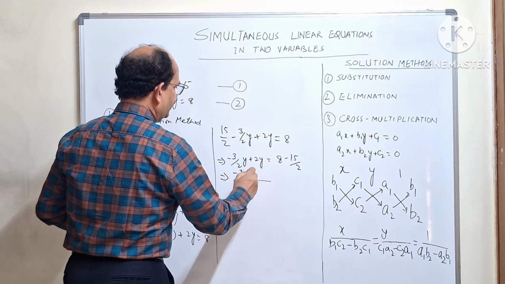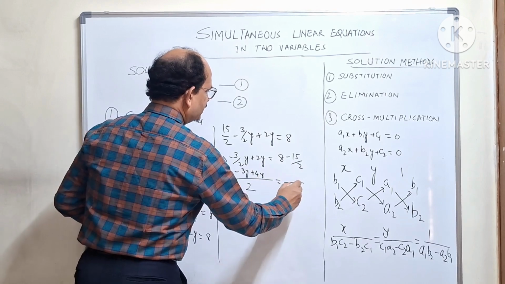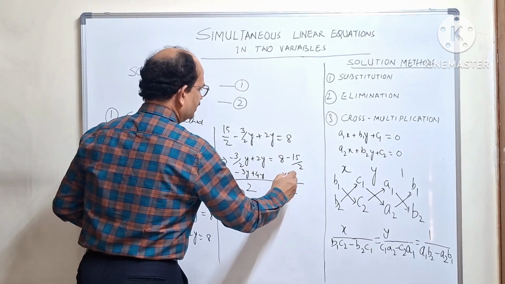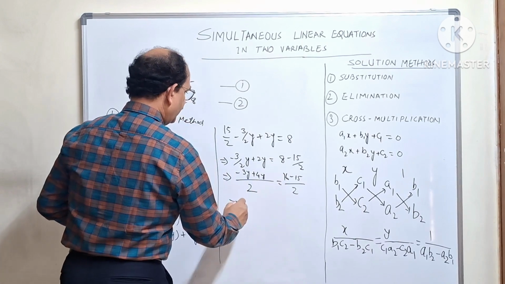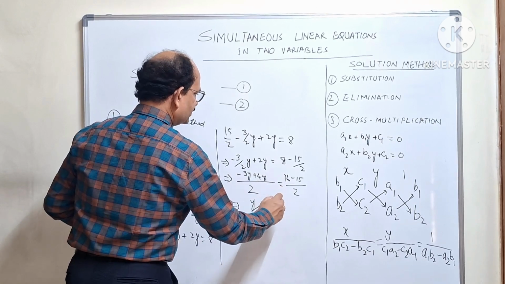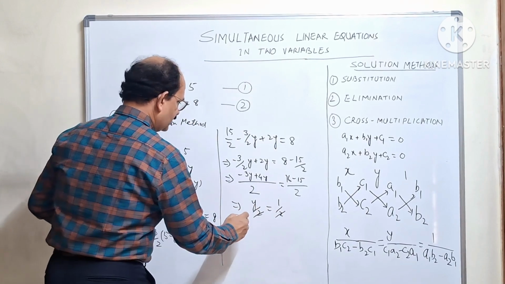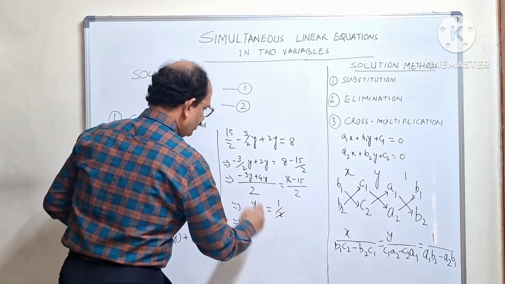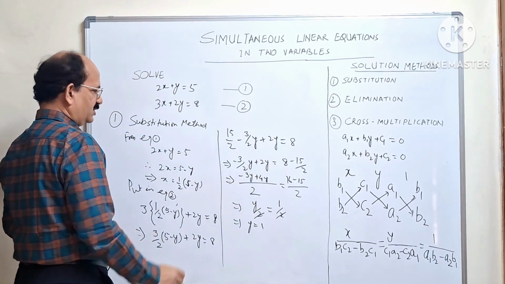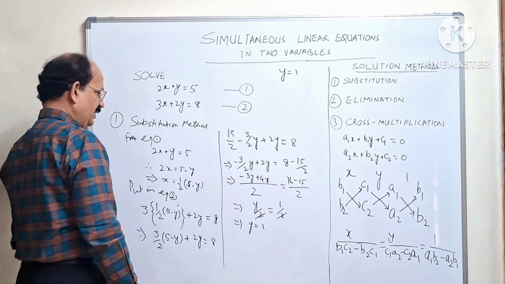So this is minus 3y and this is plus 4y is equal to, let's take LCM again, it will be 16 minus 15, and therefore this becomes equal to y upon 2, and this is 1 upon 2. 2 and 2 cancel, so y becomes equal to 1. Okay, so we got the value of y as y equal to 1.